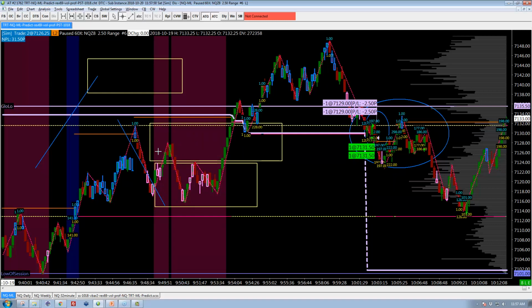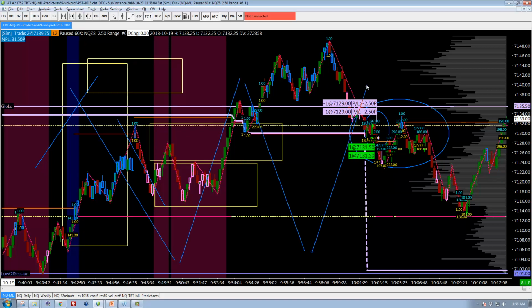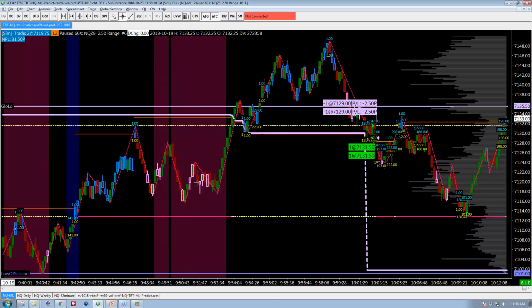What's happening now is the market's just falling and screaming and falling and screaming. It's never spending any time anywhere. You can use Sierra Chart to draw the daily profile for you and tell very quickly, oh yeah, this looks fine, or no, this is crazy.